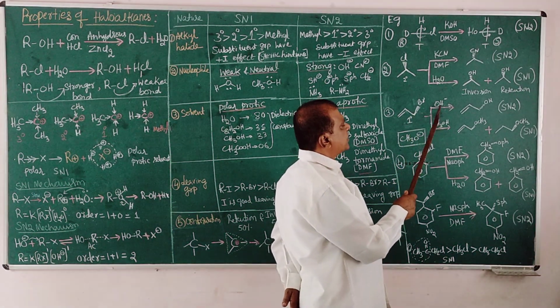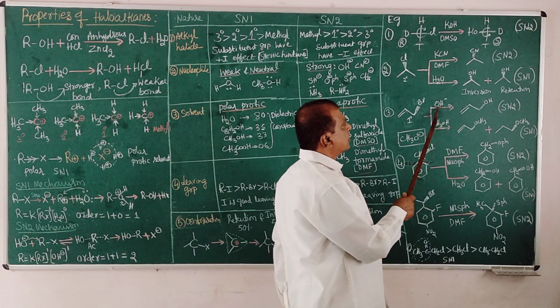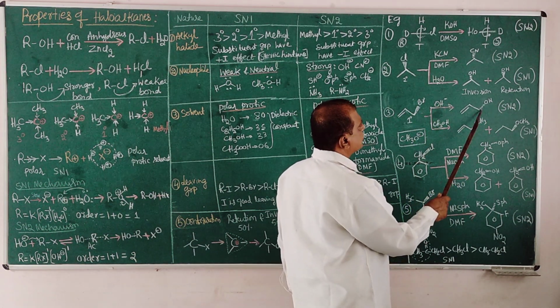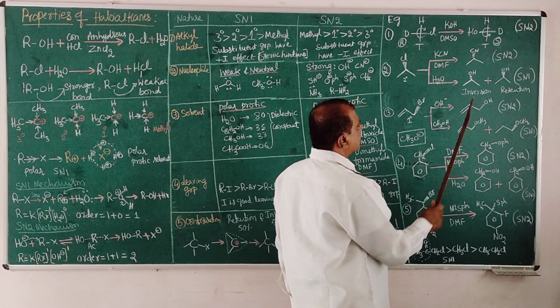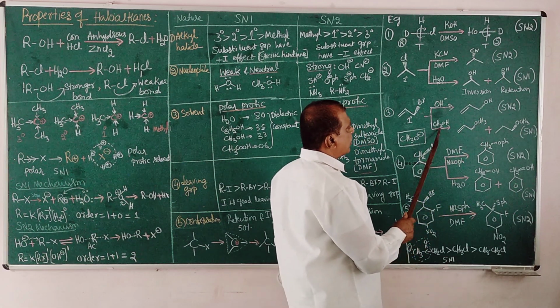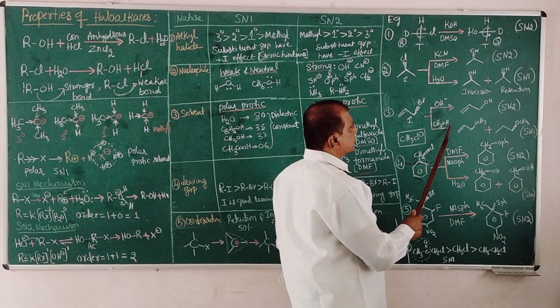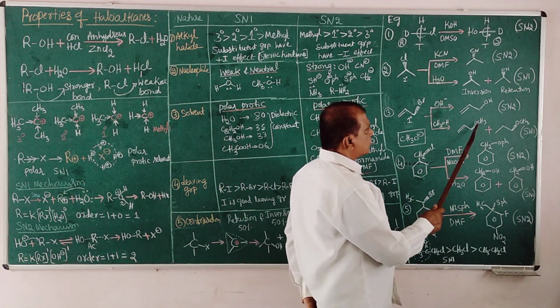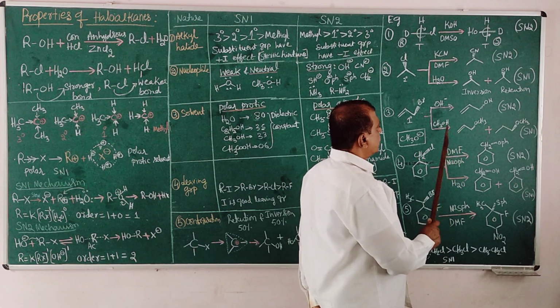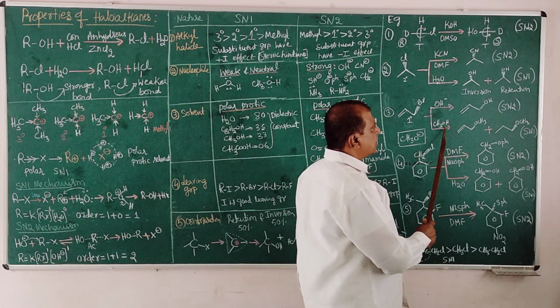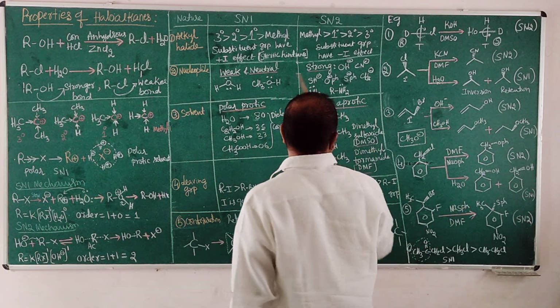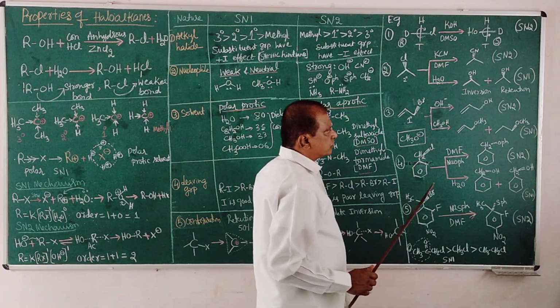That is why, in the presence of a strong nucleophile, it undergoes SN2 mechanism, inverted. Here inverted. In the presence of the solvent CH3OH, which itself acts as a nucleophile, the nucleophile is OCH3, so this favors SN1 mechanism.